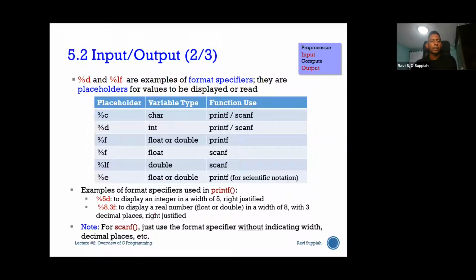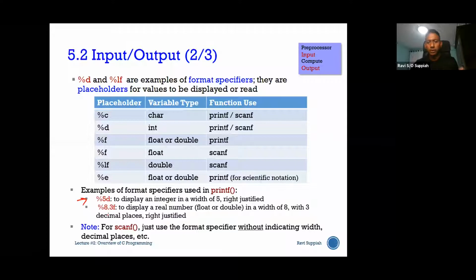There are also some variations to how you can specify the format specifier in terms of trying to make your output look neat and presentable in a particular way. For example, over here, if I specify percentage %5d, then I want to represent the integer in a width of 5, and it's justified and so on.